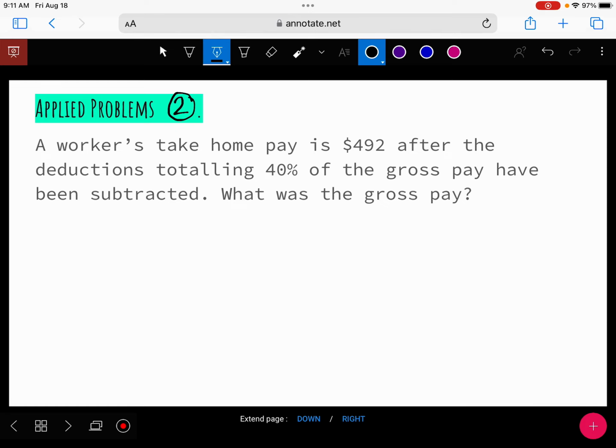And Social Security. And all those other lovely government paid for things. And so all those deductions, and he's walking out with $492. That's what's on his paycheck that gets sent to the bank. So we want to know what his salary is. How much is he making per pay period?